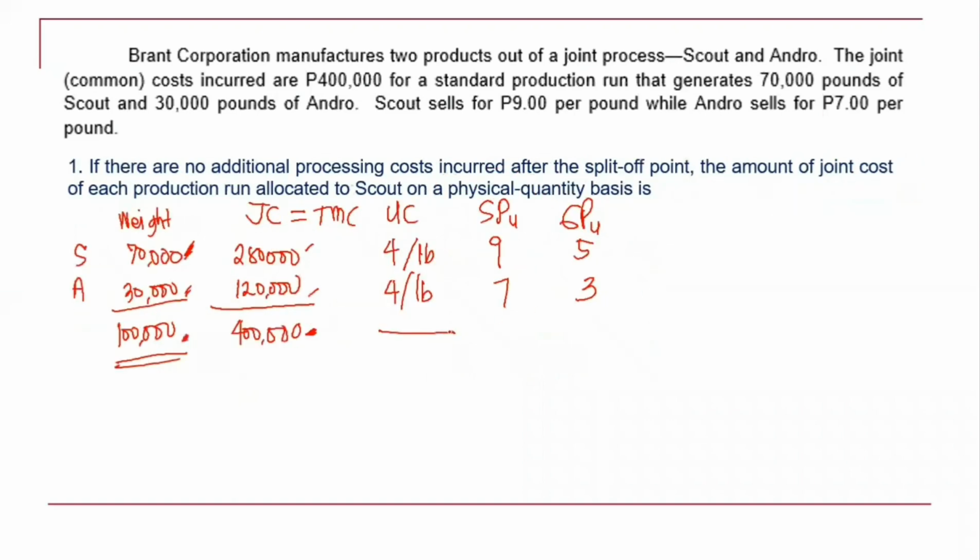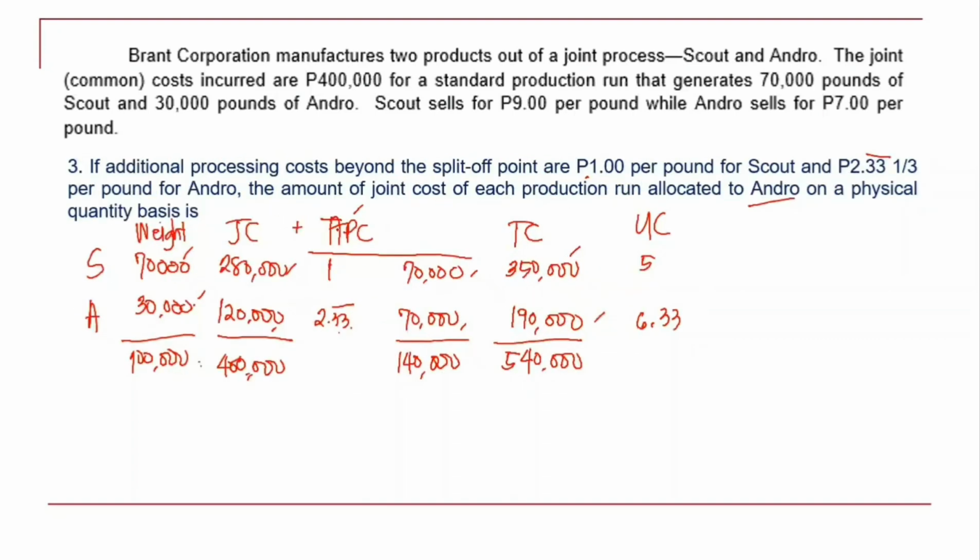Ang unit cost nito, dito na natapos sa joint cost, kasi no additional processing cost. So yung joint cost dito, siya na yung total cost ng product natin. Pero punta tayo sa number 3. May additional processing cost. So therefore, whatever it is na additional processing cost, i-add natin sa joint cost to arrive at the total cost. Ayan. Let's now go to number 4.